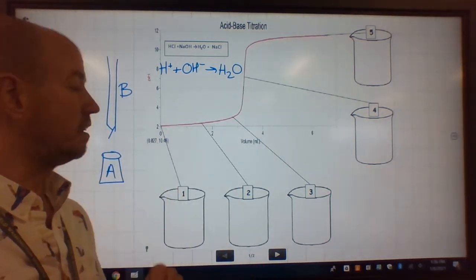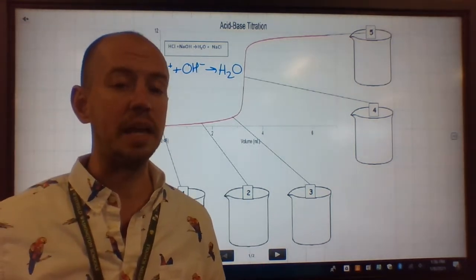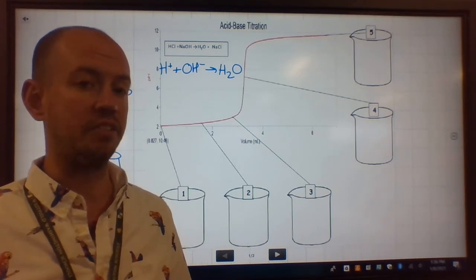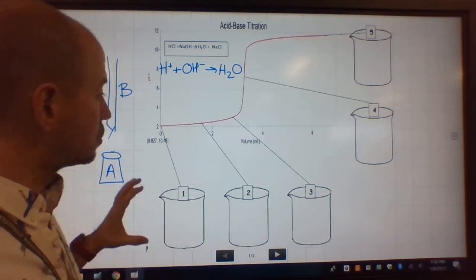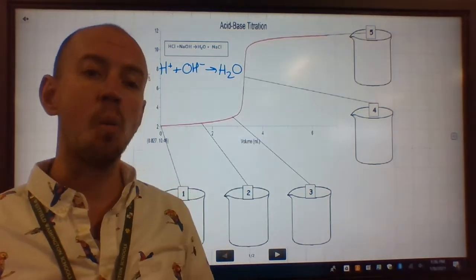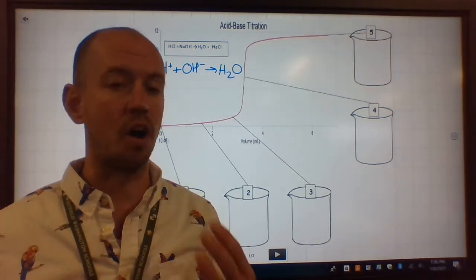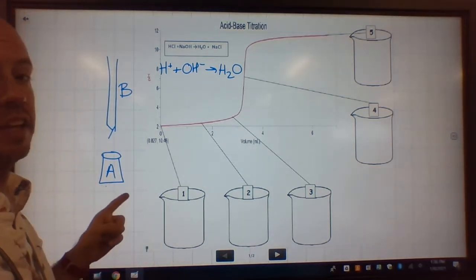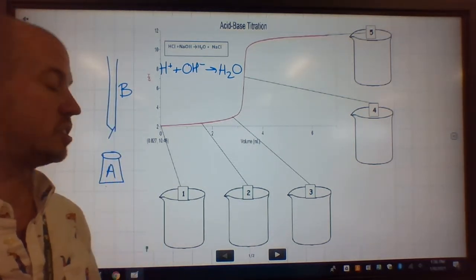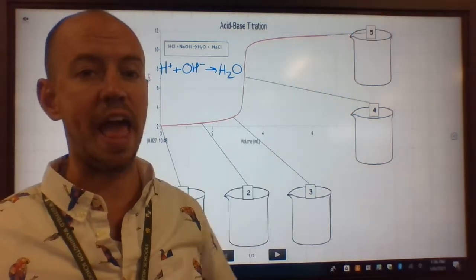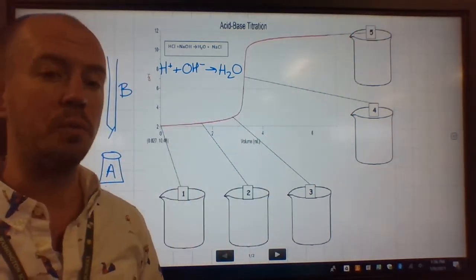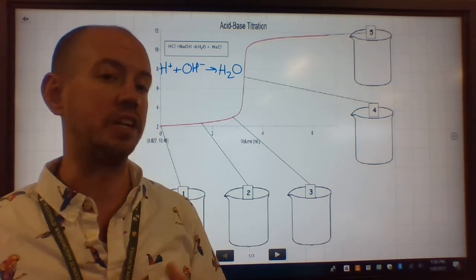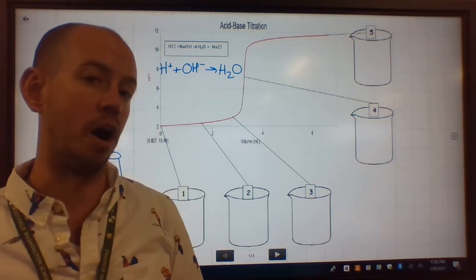The acid pH is really low, and if I knew the exact pH, because this is strong, I could know the molarity of this HCl. So then what we're going to do is draw what ions we would see in the beakers at all of these different points, if I started with HCl here, started with NaOH there, and went through this reaction, knowing that it's a one-way reaction and knowing that the hydrogen and hydroxide are forming water.